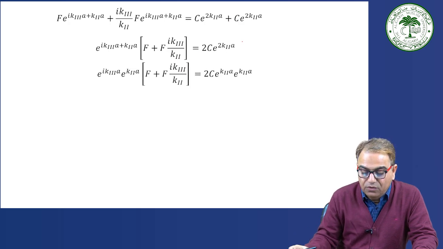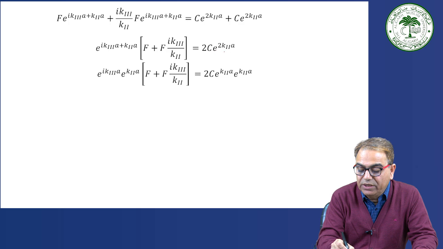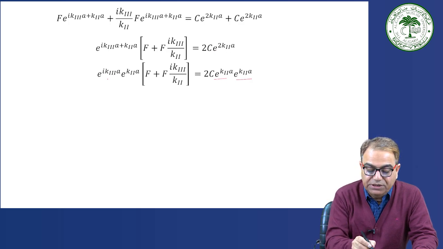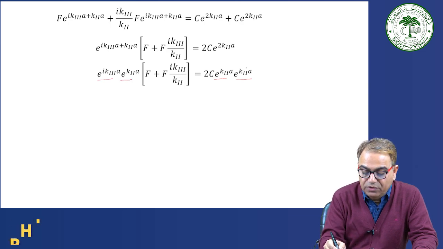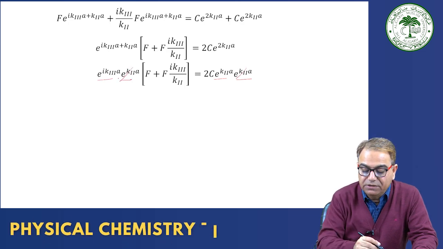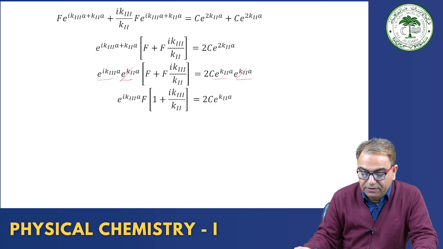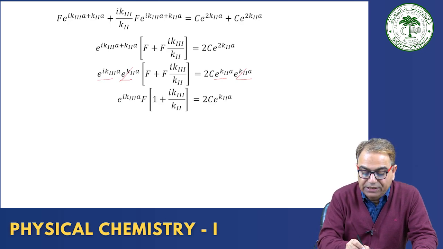Okay. Now this 2k2a I have written as exponential k2a, and exponential k2a I can write, and then exponential k3a again you can write like this one. Okay. So what do you get? One of this exponential term will go, and then you can write exponential i k3a into F, which we have also taken outside.